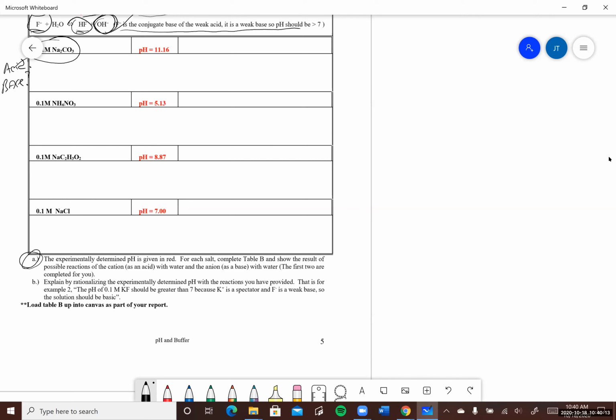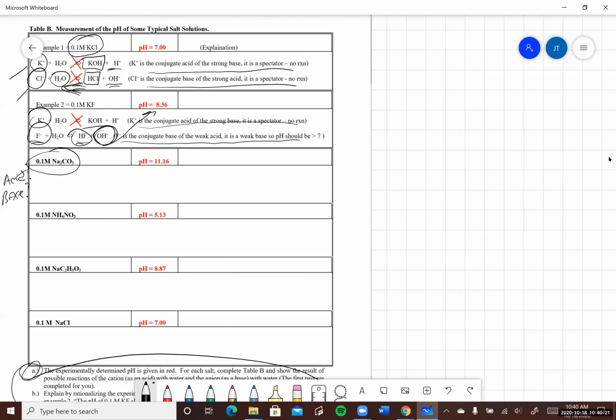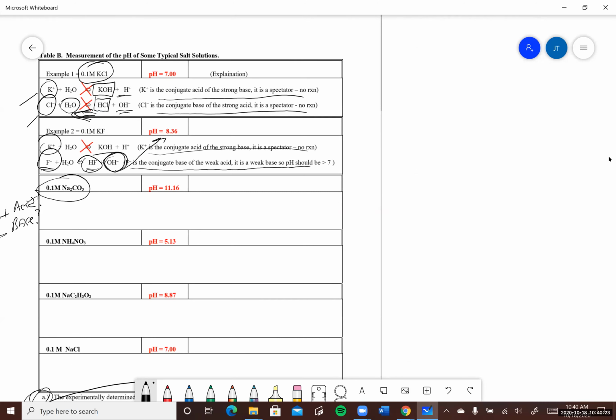So essentially, just fill out the table. That's all it's telling you to do, and make sure you have both parts. And both parts, I mean, you have the reactions of the cations and the anions with water, and you have the explanation afterwards for why you think that they're going to be reactive or non-reactive.